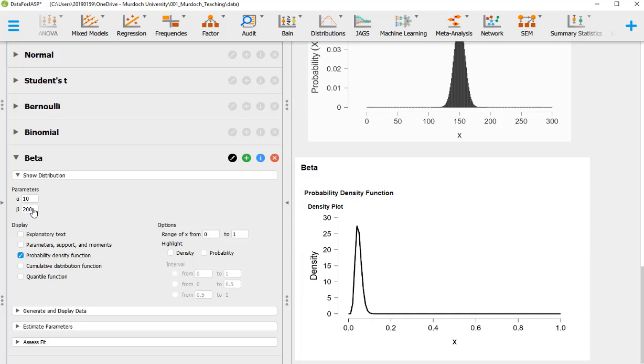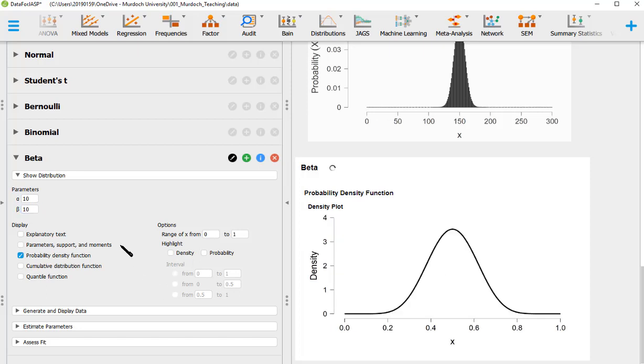So let's return to a symmetrical beta distribution, and we can ask JASP to tell us the probability of observing values within a given range. Of course, if the range is from 0 to 1, it has to be any value from 0 to 1, so that's not informative.